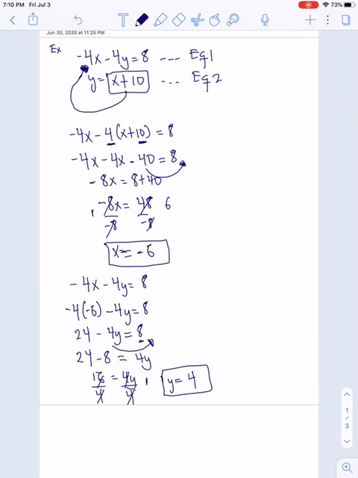All right. Let's go ahead and solve the last problem here. So I'm going to erase this.